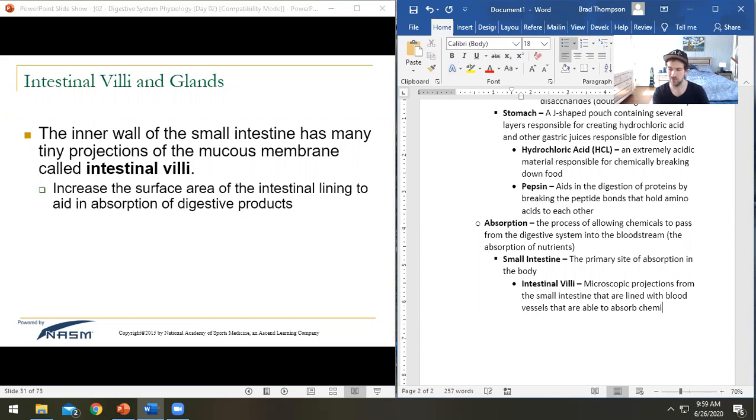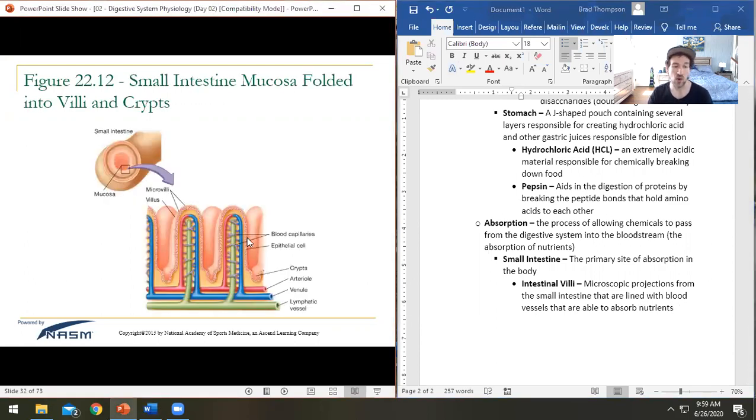Well, we'll just say nutrients. Chemical nutrients are chemicals. And then you have all of your little microvilli, which are small hair-like projections from your villi that move nutrients around.